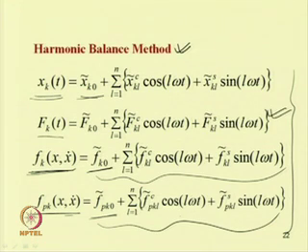So, now using different harmonics, one can use this mode synthesis method, or dynamic substructuring method, or component mode synthesis method to write these equations of motion, or substitute these expansions in those equations.